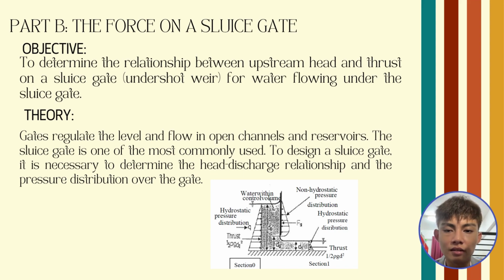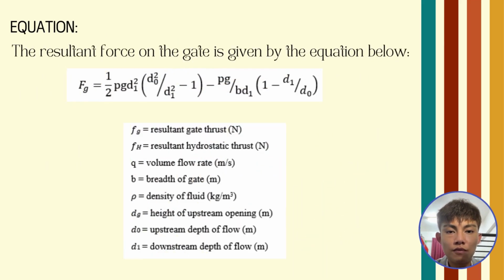We can see clearly the hydrostatic pressure distribution acting on the right hand side. So there is the d1. And the hydrostatic pressure distribution acting on the left hand side. So for the equation in this lab, the resultant force on the gate is given by the equation below.